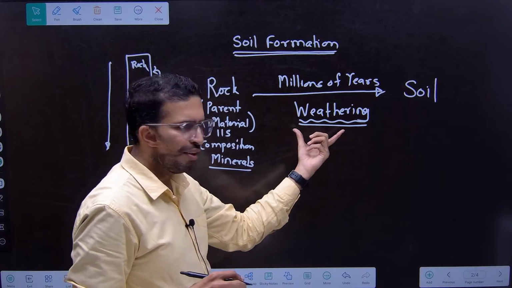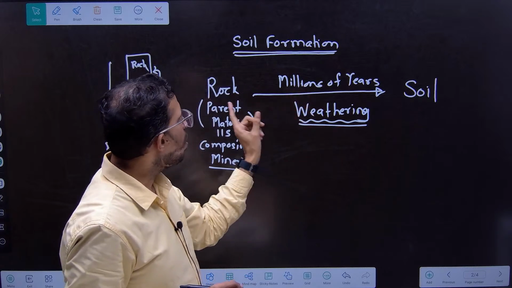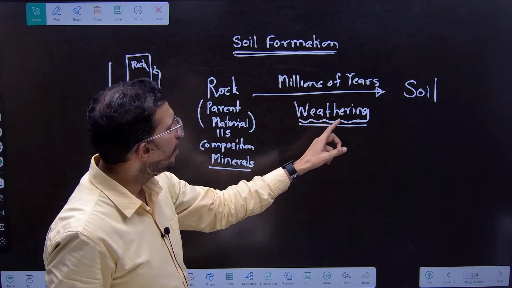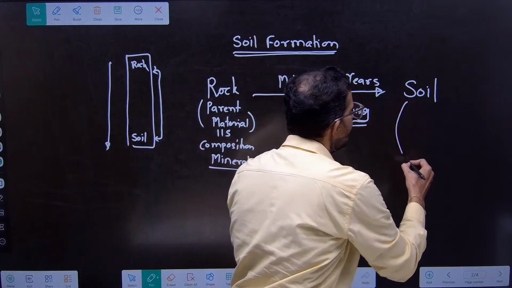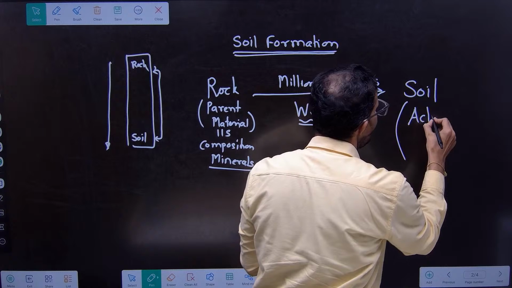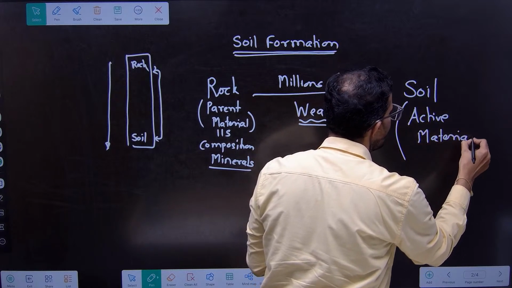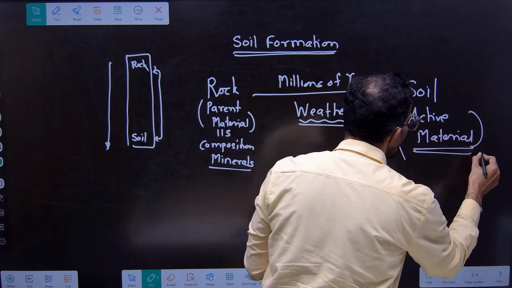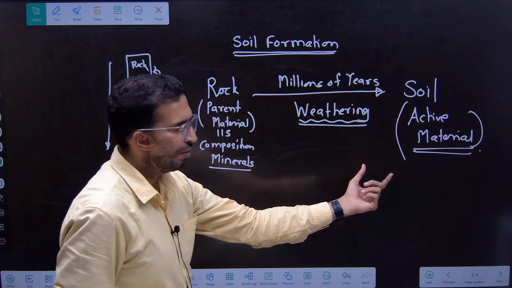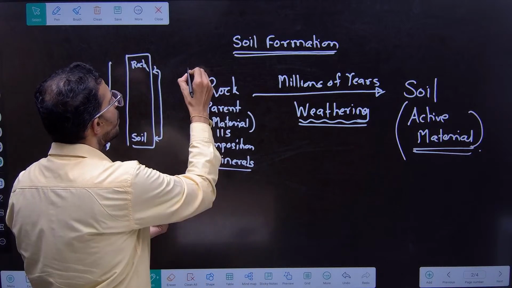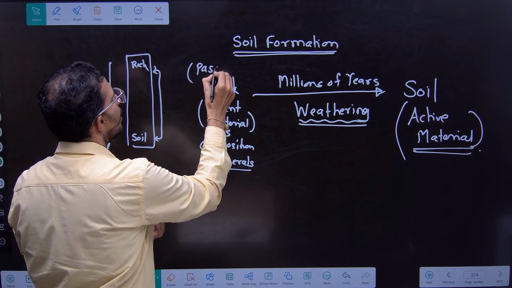So these are the different factors by which the rock undergoes the weathering process, and it forms the soil. Soil is an active material as compared to the rock, which is ready for the formation of lives or the crop material, whereas this is called the parent material or the passive material.